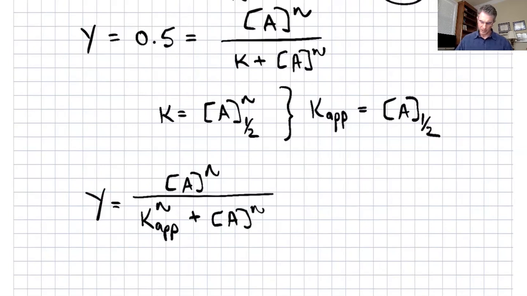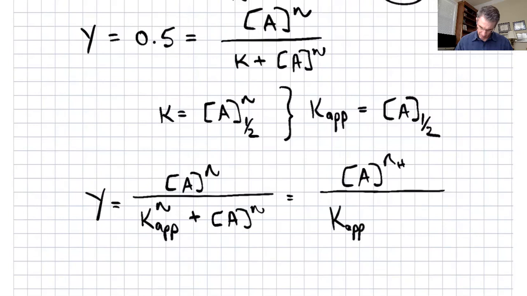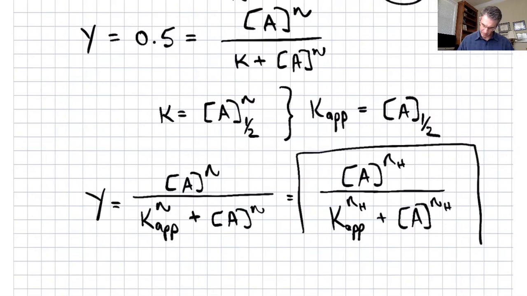And that's exactly the expression we're looking for. I'm going to change that up just a little bit by adding an additional notation: A raised to the n sub h divided by K apparent raised to the n sub h plus A raised to the n sub h. That is the so-called Hill equation.